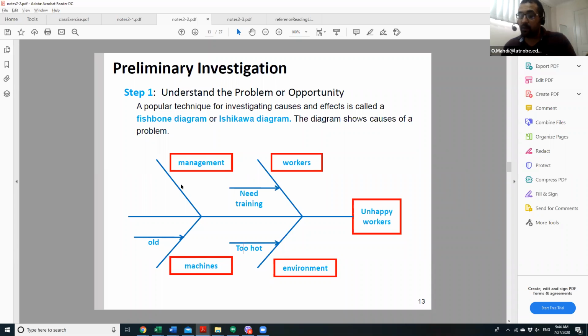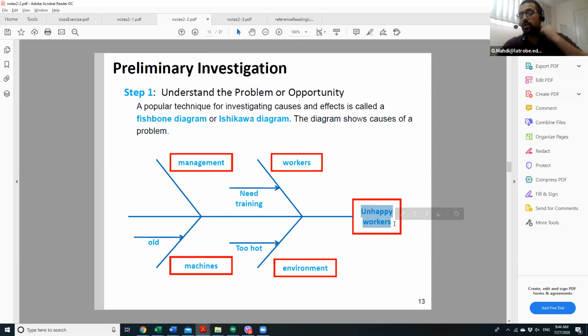If you look at the figure at the end, we can see the categories: management, workers, machines, and environment. These are the categories, and these are the lists of the causes that made this problem happen, which is unhappy workers. Because of these causes, we have unhappy workers.